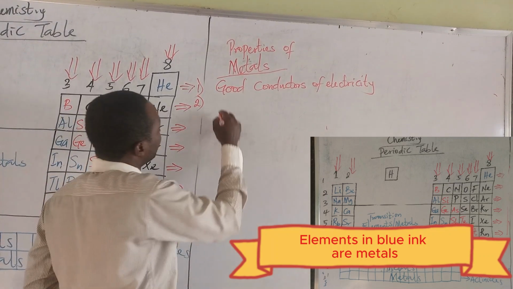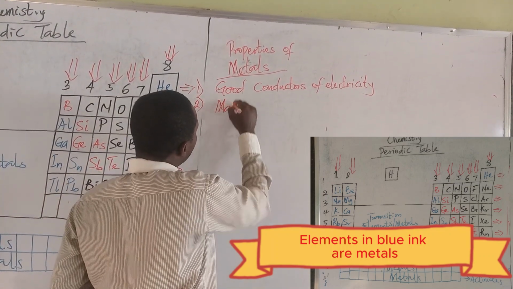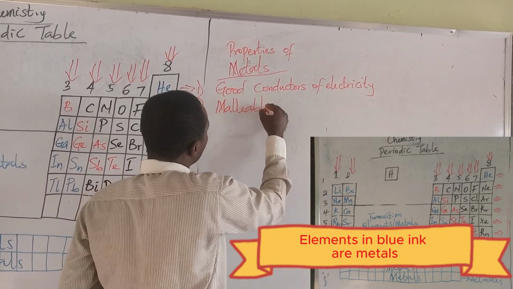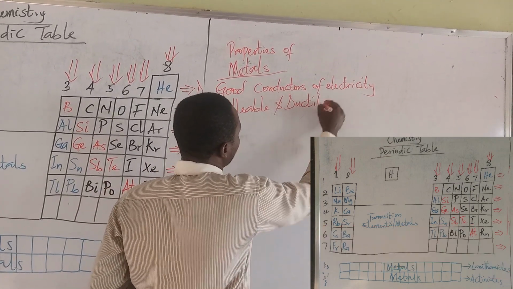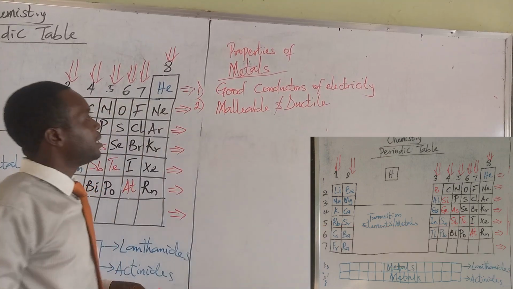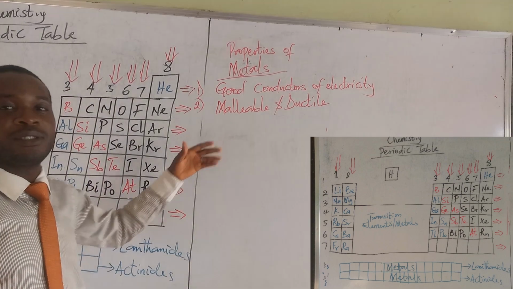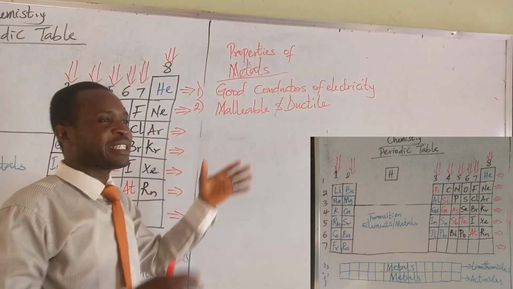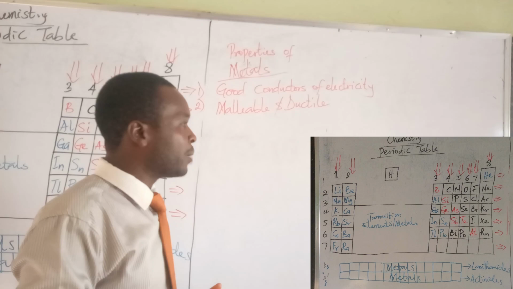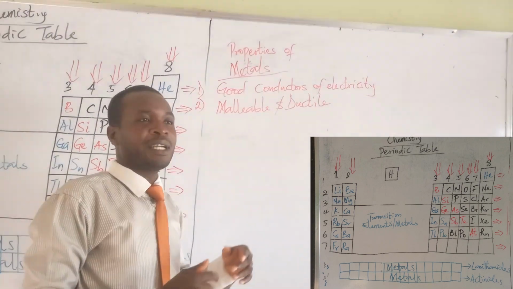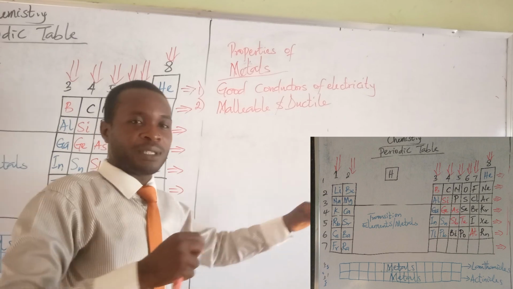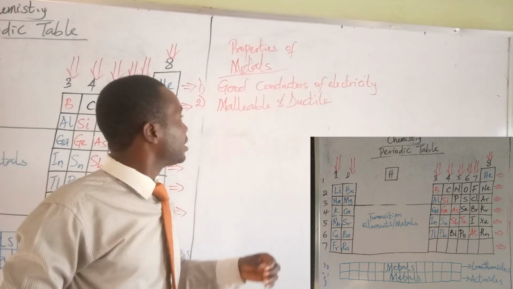Number 2, we know that metals are malleable and they are ductile as well. Malleable in the sense that you can hammer a metal into any desired shape of your choice, and ductility means that you can strip it in the form of a wire.